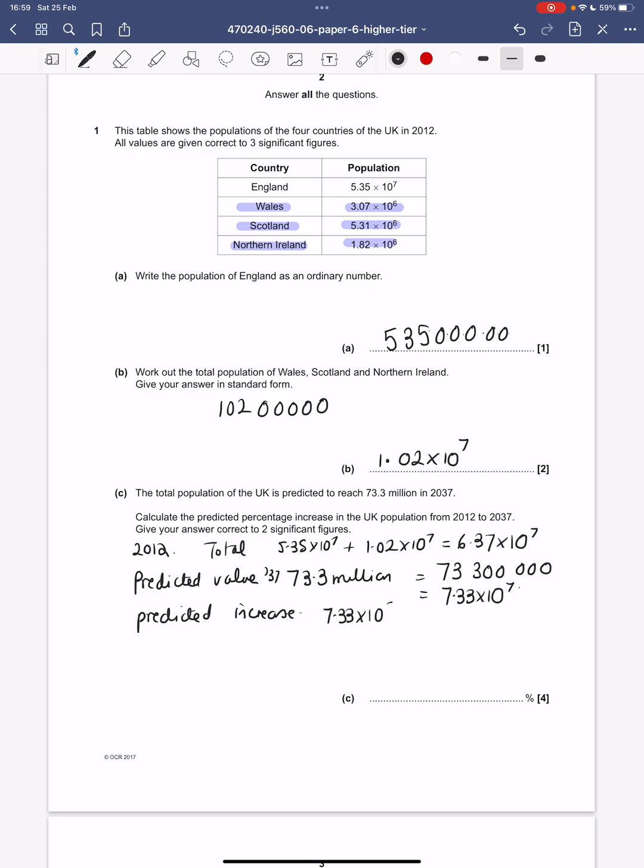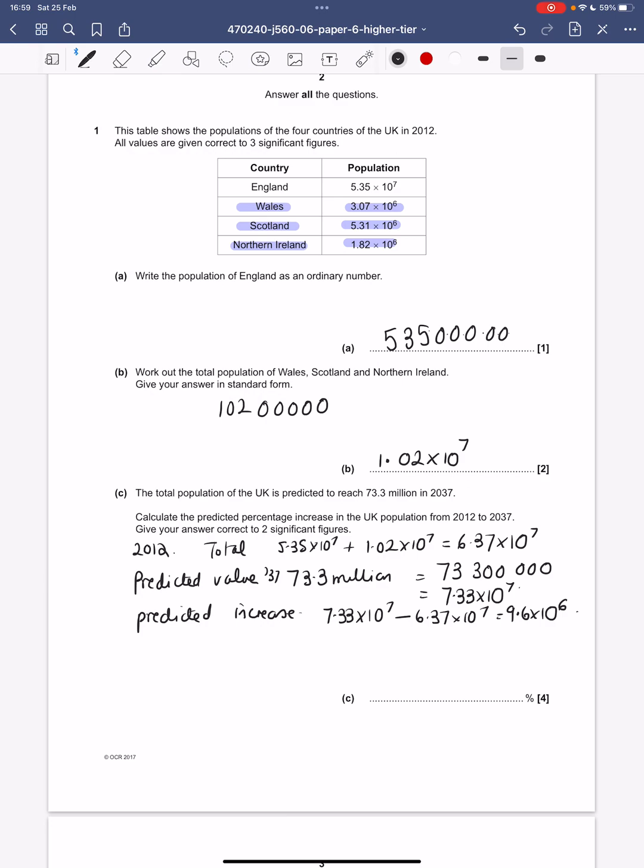7.33 times 10 to the 7 minus 6.37 times 10 to the 7. So 7.33 times 10 to the power of 7 minus, and I'm going to use my answer button because I know that answer's still there. And it's come up as 9.6 times 10 to the power 6.